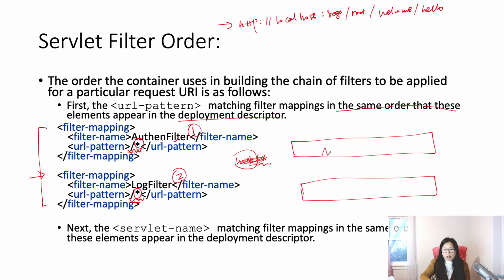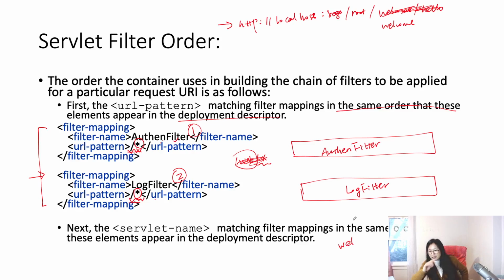So here, the authn filter, and another one is the log filter. Now suppose the request goes to welcome, which will go to our welcome servlet.